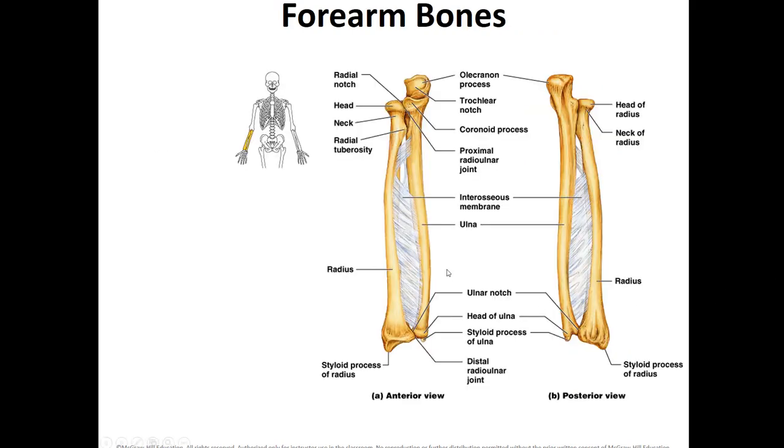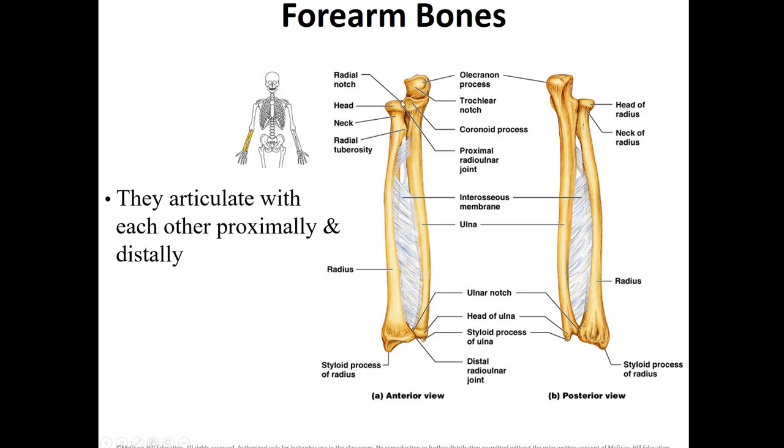When we look at your forearm bones, you have the radius on the lateral side, you have the ulna on the medial side. They articulate with each other proximally and distally. Proximally, the head of the radius articulates with the radial notch of the ulna, and then distally, the head of the ulna articulates with the ulnar notch of your radius.